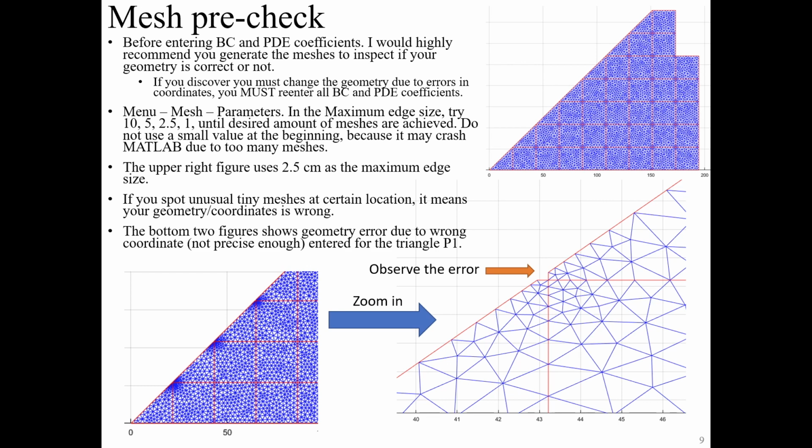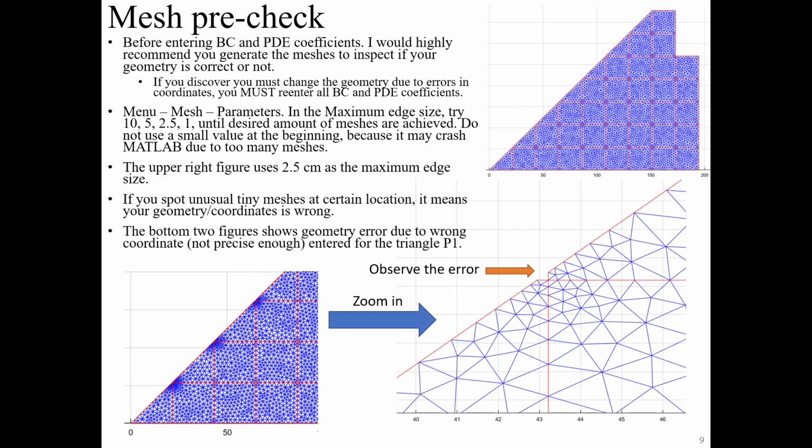However, if your geometry is not precise and from this Boolean operation you get a geometry that has small imperfection at a certain boundary, as shown in this lower right figure, very tiny meshes will be produced around those small corners.